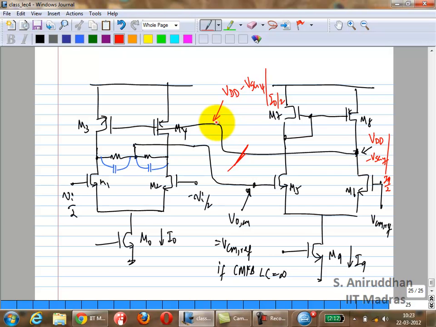Exactly. If these two values are equal, then when you complete the loop, there will be no systematic offset between VOCM and VCM ref. Does everybody see that? Correct? Right now I am assuming, of course, random mismatches you can't do much. You have other techniques to take care of it, right?